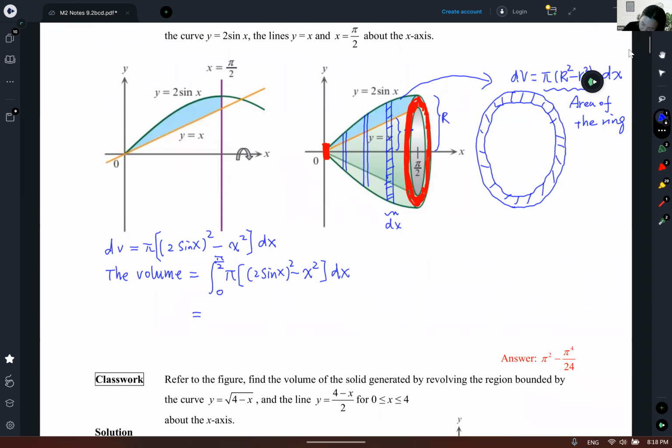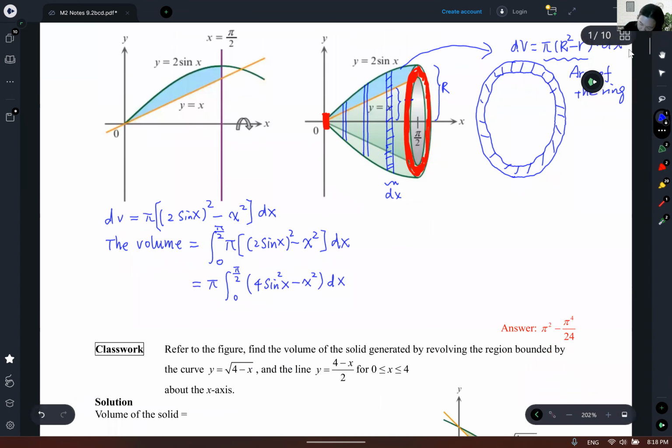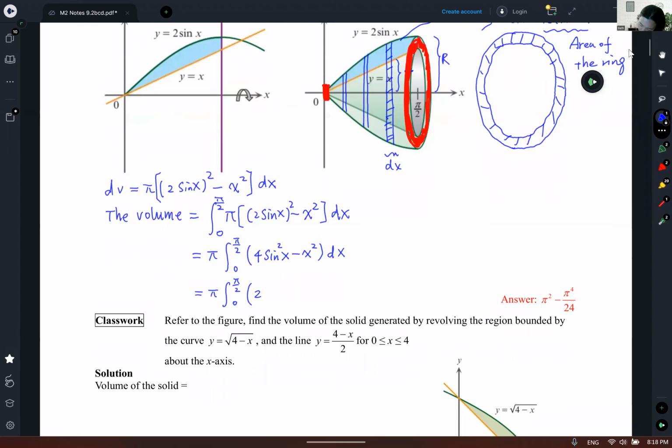To simplify, you need to take out pi. And then you have 4 sine squared x minus x squared. Then you need to simplify again. For this one, you need to use the double angle formula. So it's not 2, it's 4, huh? 4 times (1 minus cosine 2x) divided by 2.